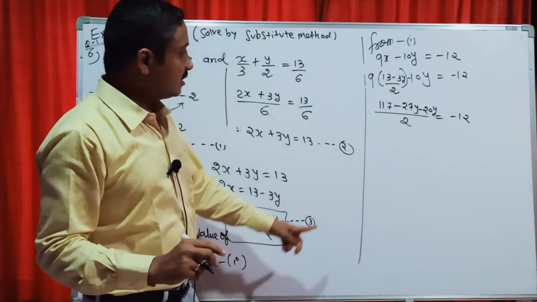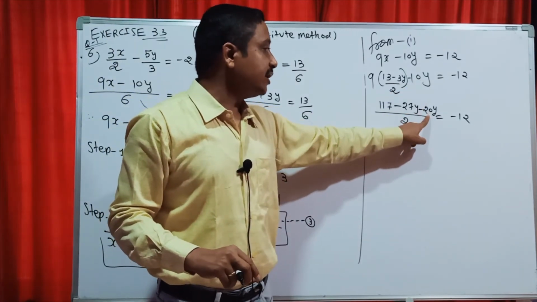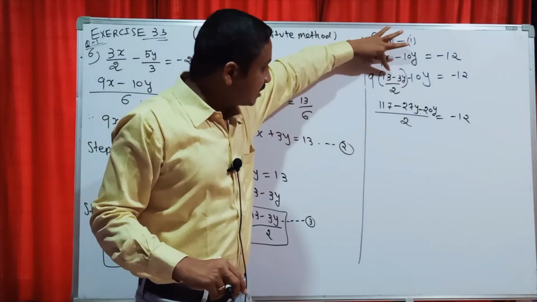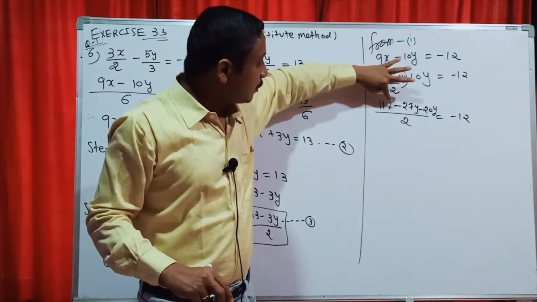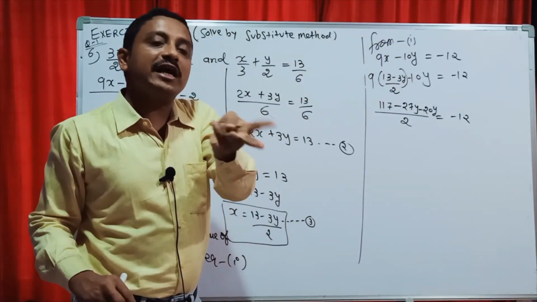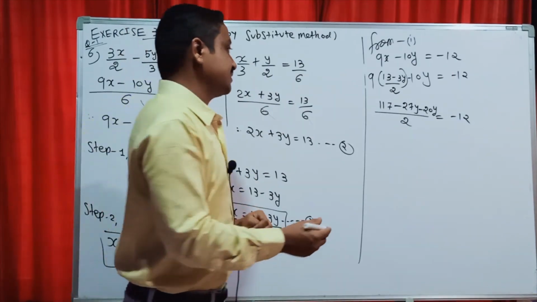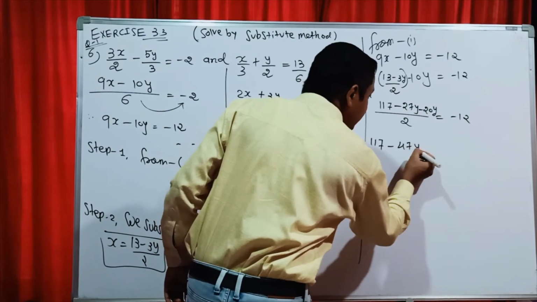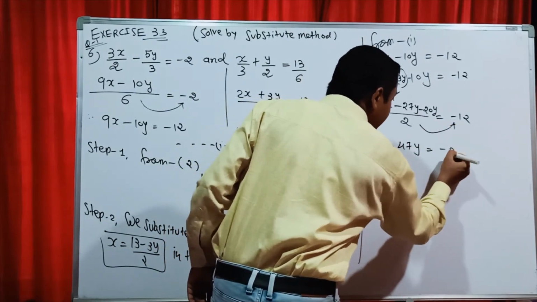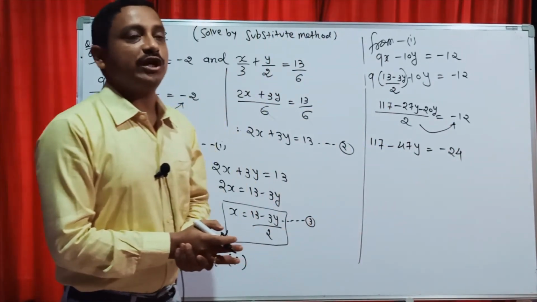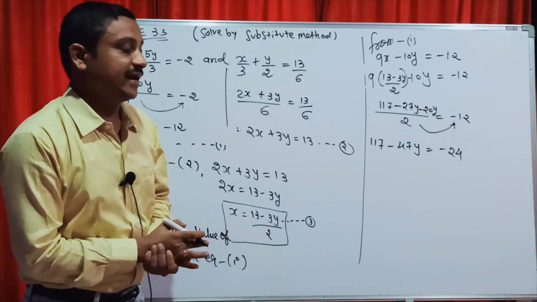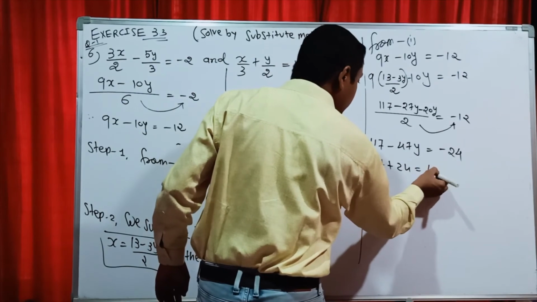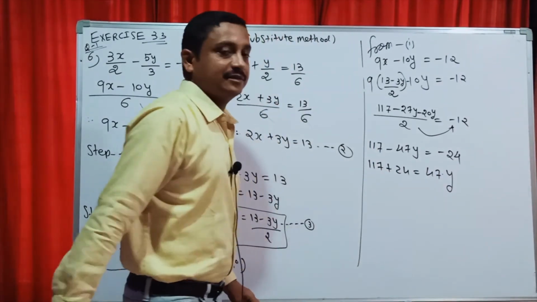So 117 minus 47y, and these two you multiply by 12, so minus 24. Yes, so 117 plus 24 is equal to 47y.